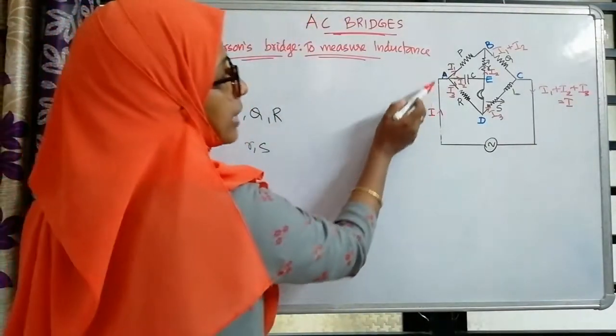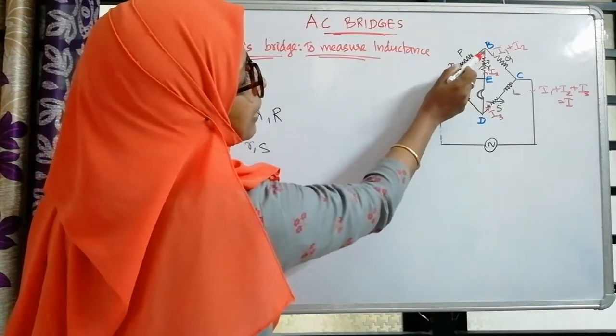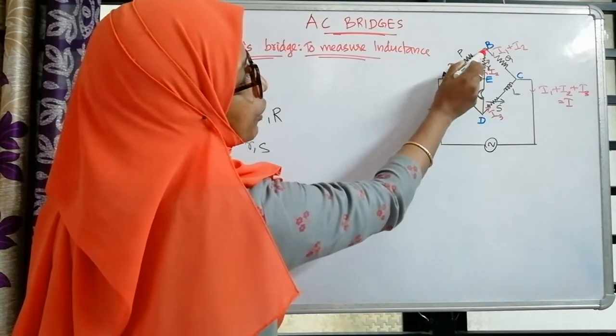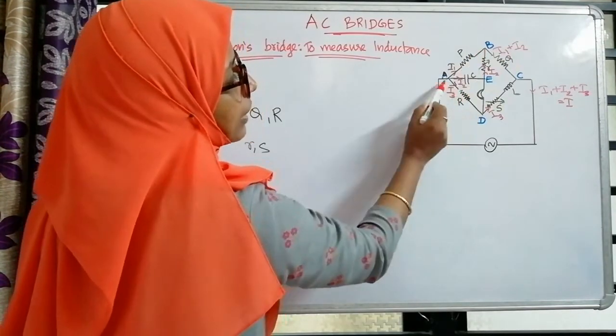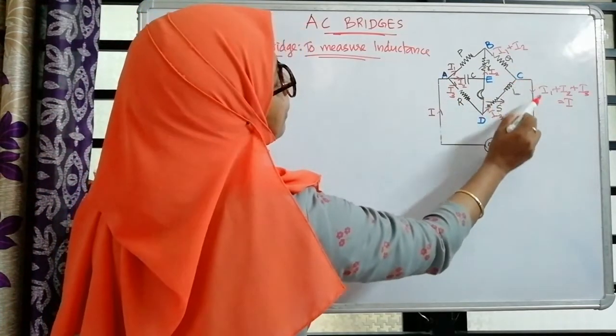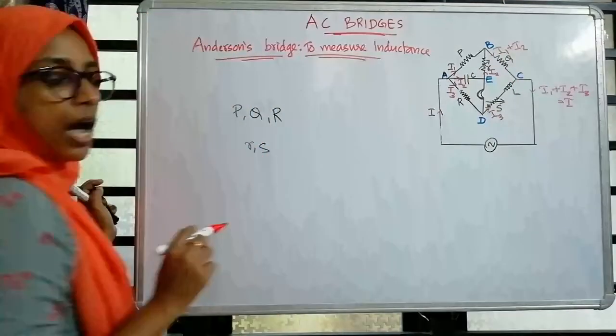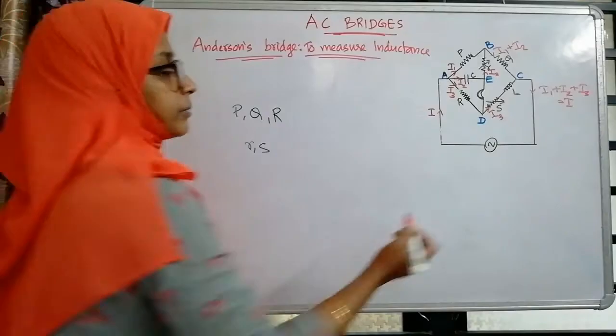So I is split as I1, I2, I3, and I1 and I2 join to I1 plus I2, and I3 passes through this arm, and at C it rejoins as I1 plus I2 plus I3, which is equal to I.